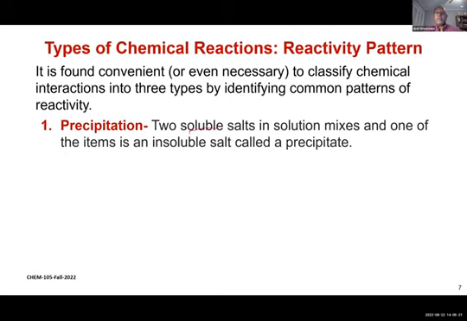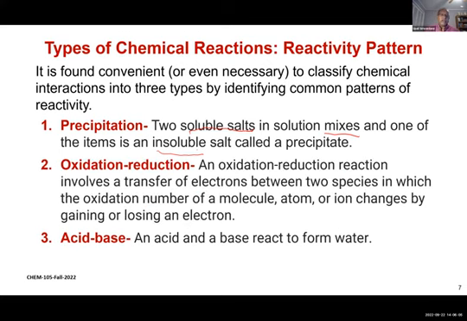Salt is an ionic compound. When their solutions are mixed, sometimes you get a precipitate. That's called a precipitation reaction. That's a common reactivity pattern shown by ionic soluble salt compound solutions.